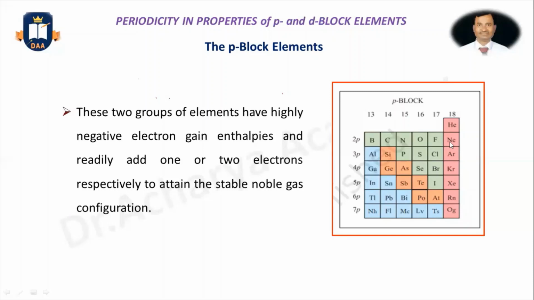And similarly for fluorine, its configuration we know is 2s2 2p5, and if you add 1 electron, this is 2s2 2p6, which is the electron configuration of neon. And that's why the elements of groups 16 and 17 are very reactive.